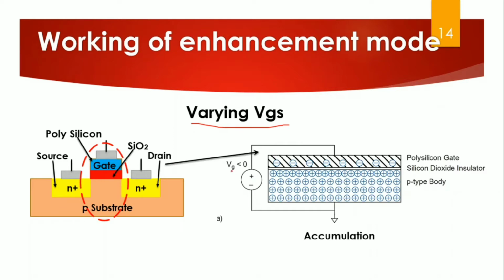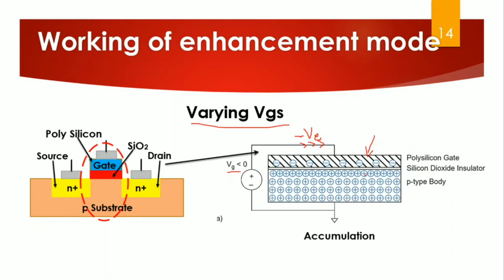Now I am varying VGS. First I will take the value of VGS less than 0 volts. If it is less than 0 volts, it means that I am giving a negative voltage. When I give negative voltage, it means that I am sending electrons into the device. When I push the electrons into the device, you will have negative charges accumulated in the polysilicon gate.